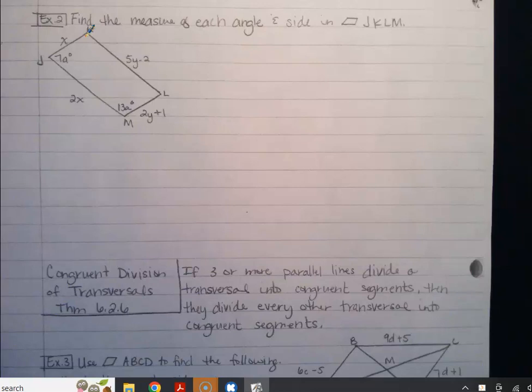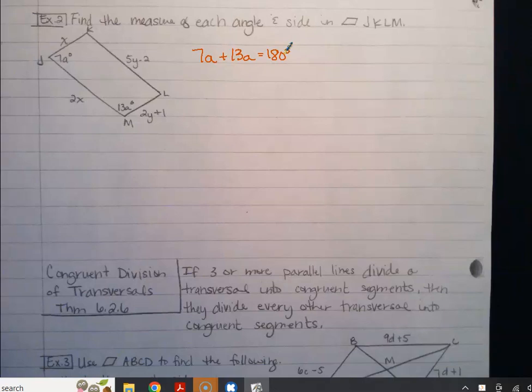Oh, but you said opposite angles are congruent, which is true, but that wasn't helpful for solving. But yes, knowing consecutive angles, so angle J plus angle M, so 7A plus 13A equals 180 degrees. That is helpful. Okay, so we're using that consecutive angles equals 180 degrees theorem for this.